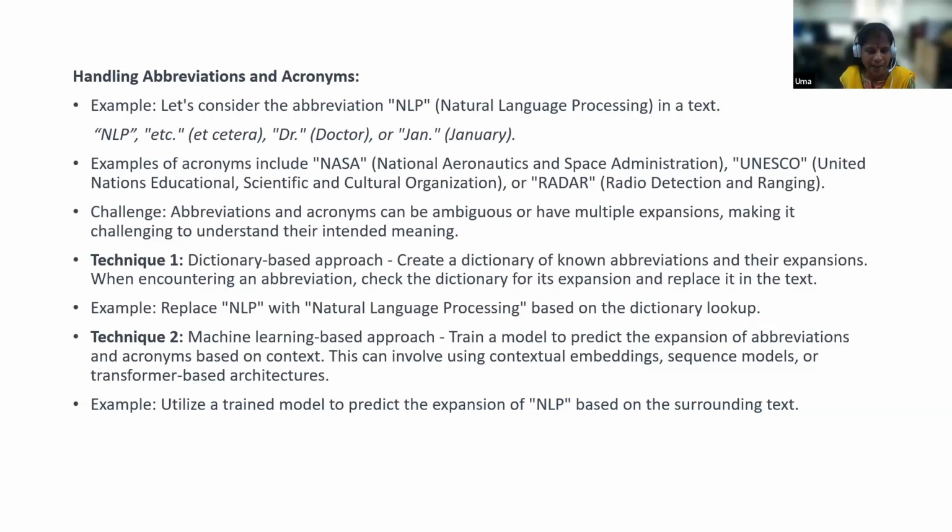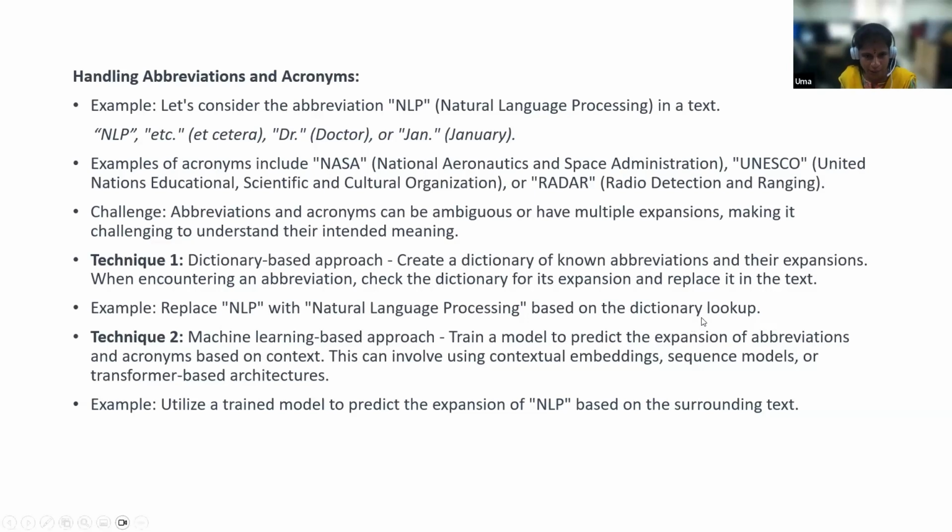So there are a couple of techniques used. The first technique is the dictionary based approach. As you all know, a dictionary contains key value pairs. Based on that, it would fetch the exact match from the dictionary. So here I have mentioned NLP; it will fetch the expansion for NLP, natural language processing, based on the dictionary lookup.